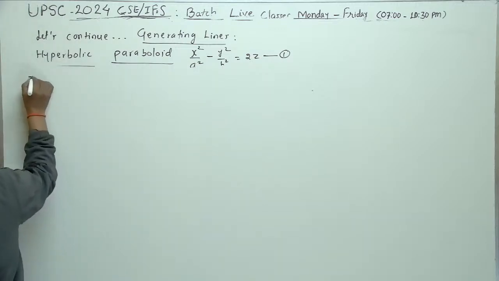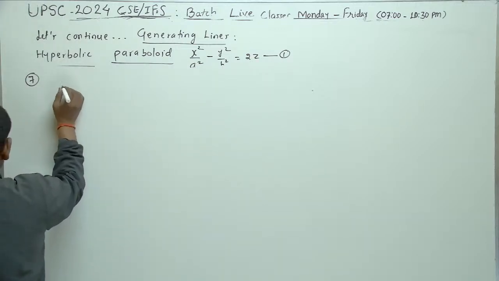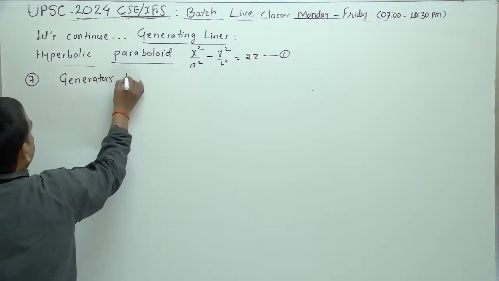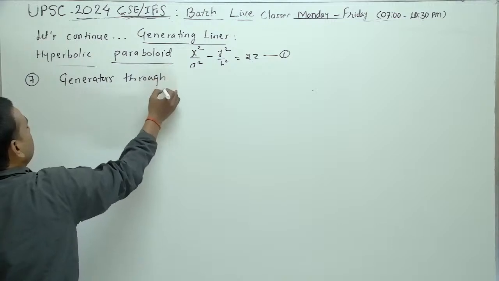So the final point is generators through any point of the paraboloid. Write it quickly. Keep writing with me.